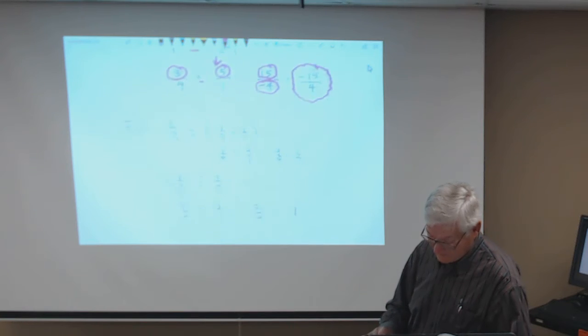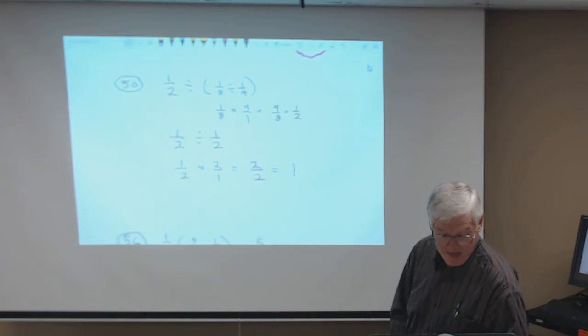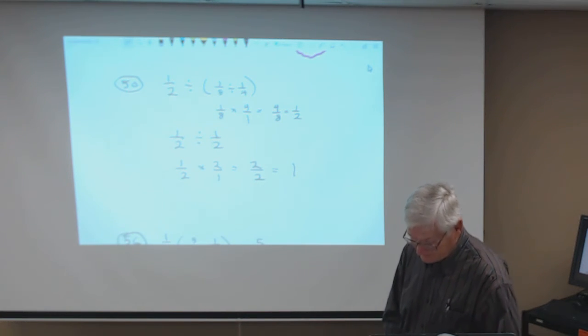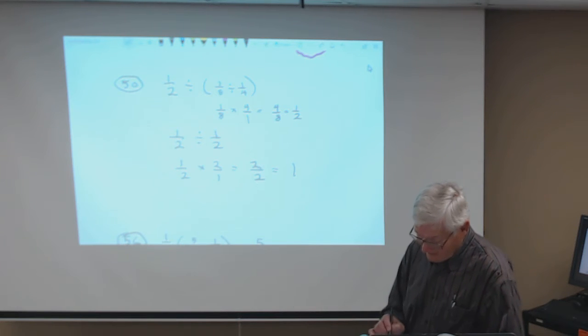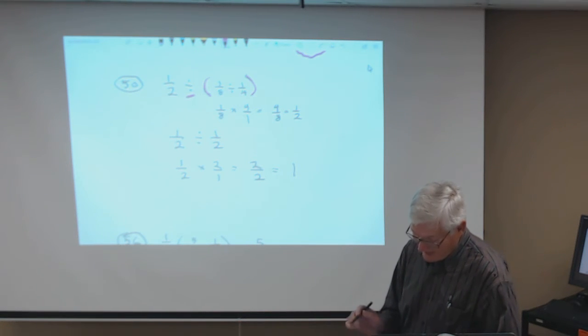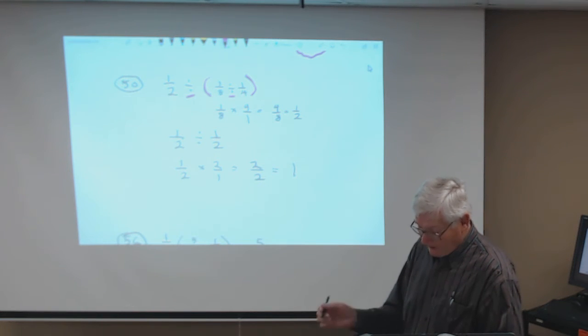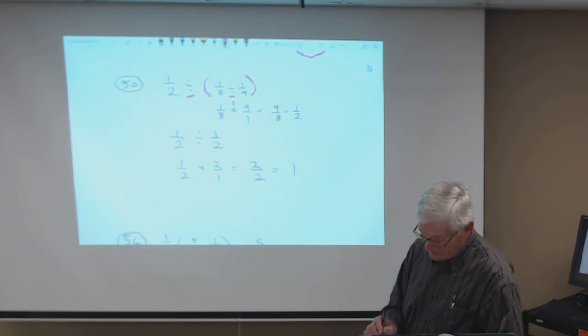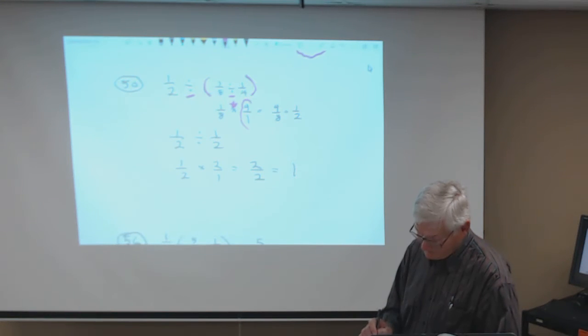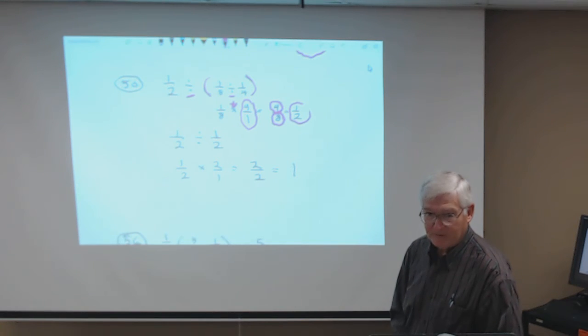Number 50. How we doing? Oh, we're in good shape. 1/2 divided by, but see this parentheses? 1/8 divided by 1/4. So I change this division to multiplication and flip it over. Now I have 1/8 times 4 over 1, which gives me 4 over 8, which is the same as 1/2, right?